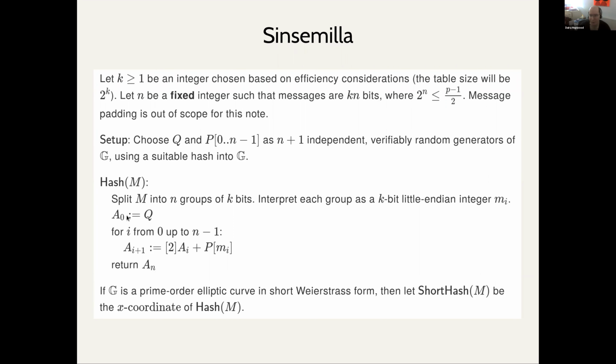So this is the algorithm. We start with some random point, double it, look up a base based on some message bits, add that, double it again, look up another base, and so on. And then the result is a curve point, so it turns out to be sufficient to just take its x coordinate.